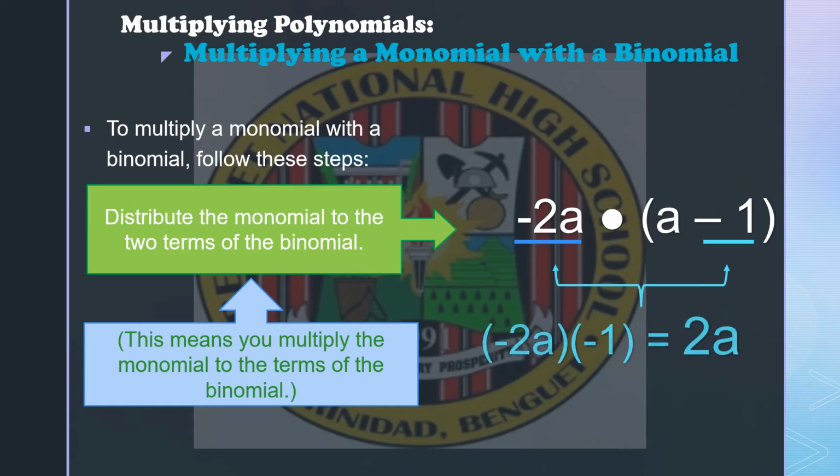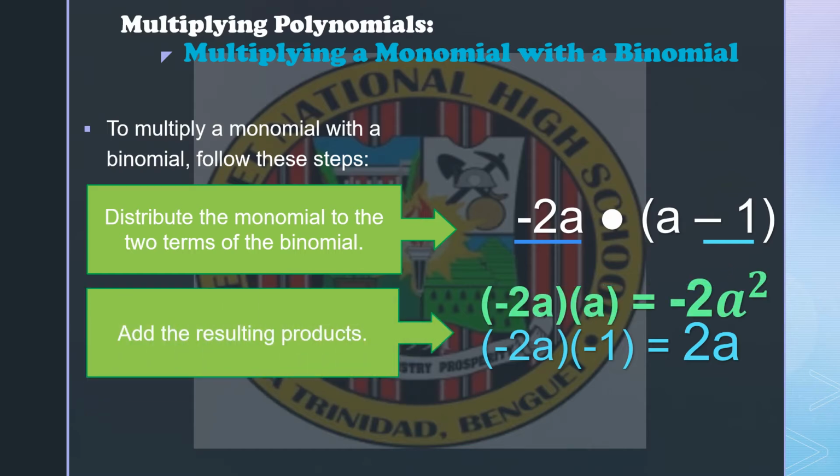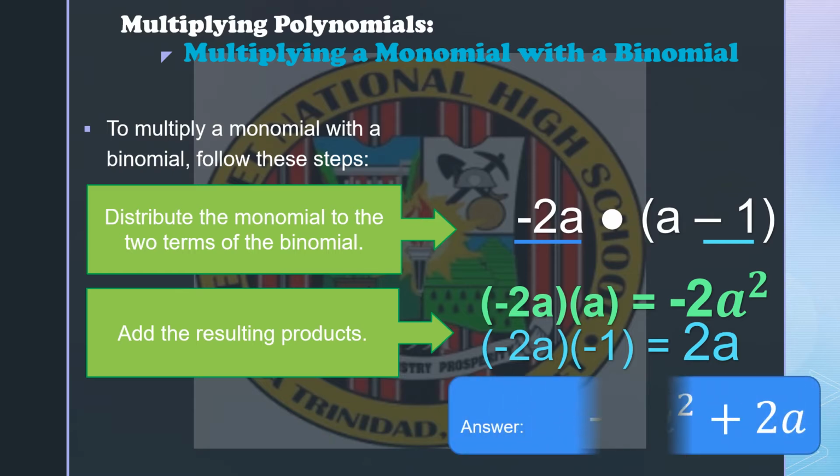Don't forget to follow the steps we had just learned in multiplying monomials. After you've distributed the monomial to the terms of the binomial, you are going to add the resulting products. In our example, the products are not similar terms, so we just write the final answer as -2a squared plus 2a.